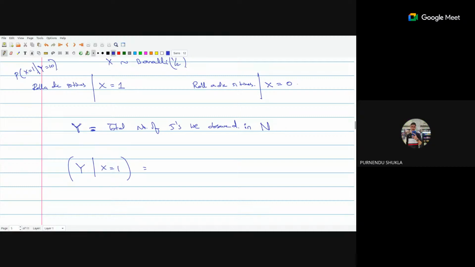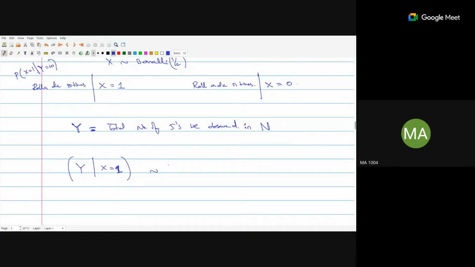So as y is dependent on another random variable x, you condition on x and look at the distribution of y. Then see whether you are able to get the distribution or not. If I condition on x, when I say x is taking value 1, now I know that I will roll the die 50 times and I am looking at the total number of 5s.